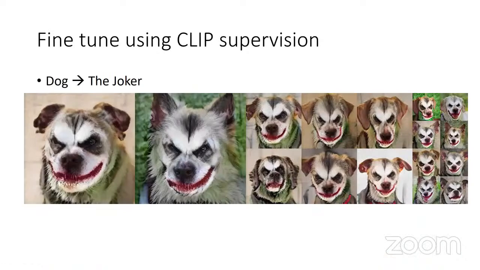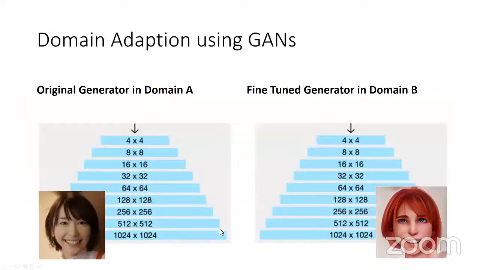One notable paper in August last year was StyleGAN-NADA, also from Daniel Cohen-Or's group, where they used purely text-based supervision. You could say, we have a dog generator that created realistic dogs before, but we give a text prompt that says the dog should look more like the Joker. Then there are some losses.